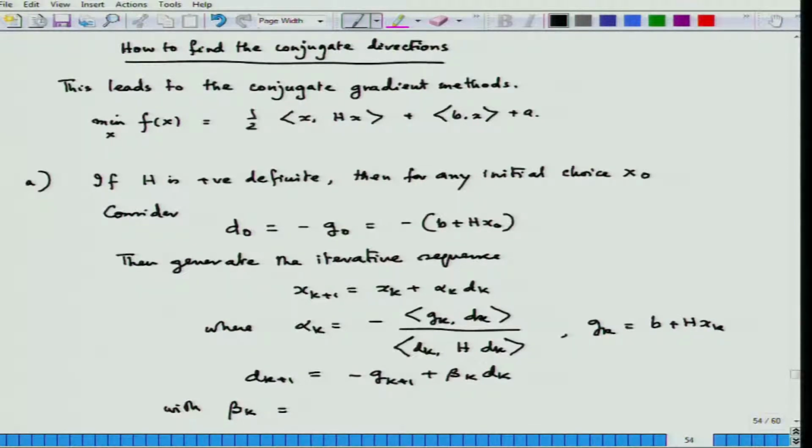We really have to prove that these are conjugate directions, then only can we apply the previous result. The inner product of g_{k+1} with H d_k is a very standard denominator in the conjugate gradient method.